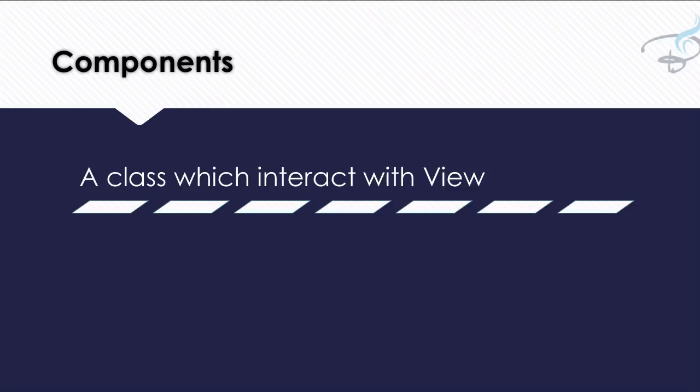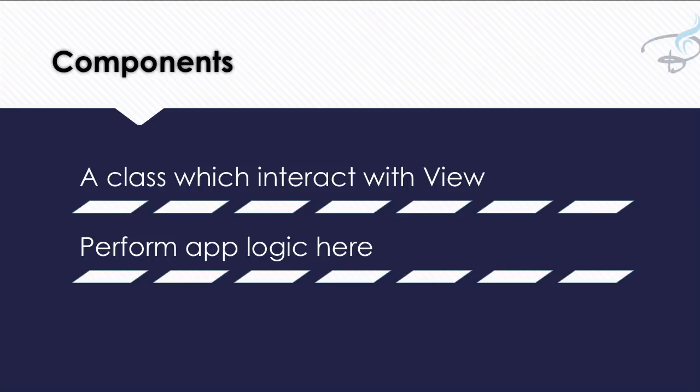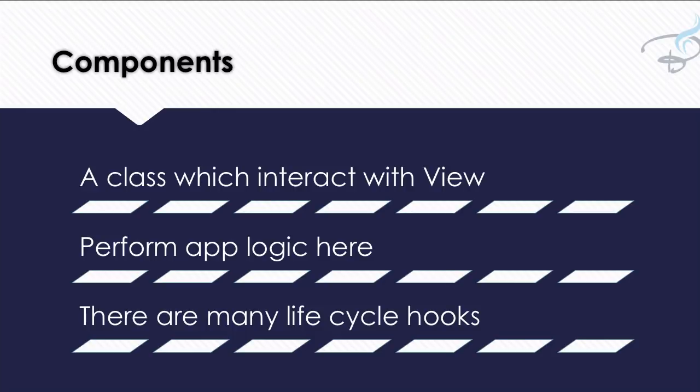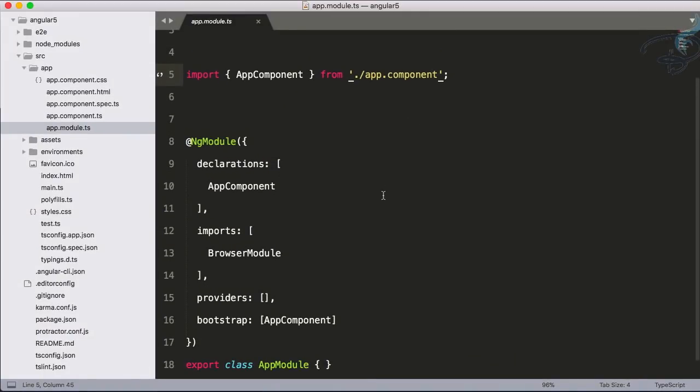Yeah, view means whatever HTML part or whatever we see on the DOM. Okay, so this is the component. We do all kinds of logic in our component, and there are many lifecycle hooks like ngOnInit, ngOnDestroy, like that. So let's see everything in action.